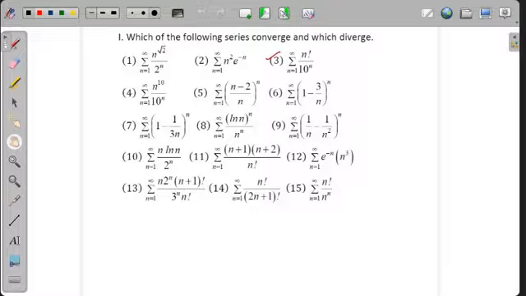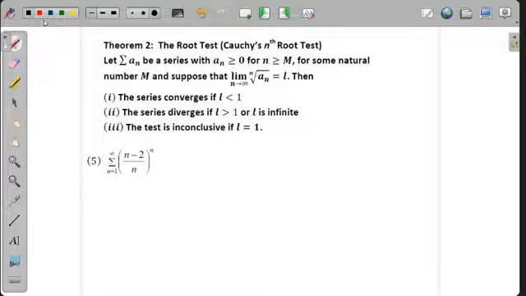So let's try to solve a problem. I'll pick this problem, problem number 5.